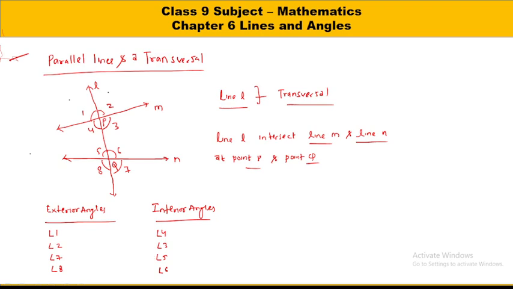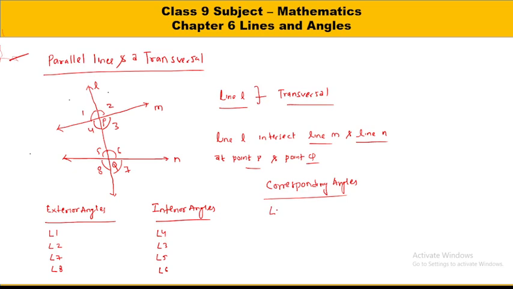Now let us write down the pair of angles which are formed when a transversal line intersects two other lines. So here we are having corresponding angles. This pair is such that one angle is on the outside and one angle is inside.